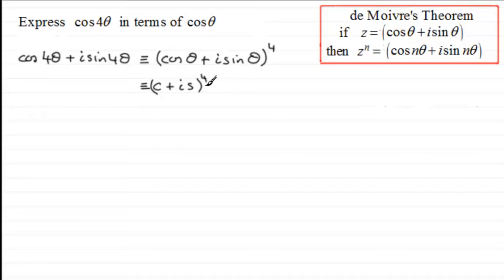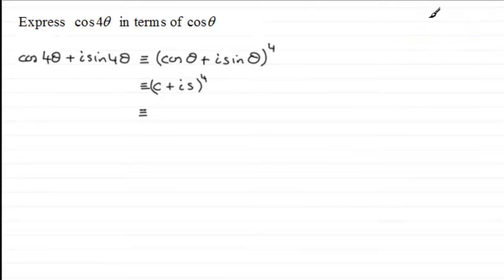Now, to expand this, there are many ways that we can expand this bracket. Sometimes it might have quite a large power, so you'll need to use the binomial expansion. I'm going to use the binomial expansion for this one, and I could use the combinations method, or I could use Pascal's triangle. In fact, I'll use Pascal's triangle.